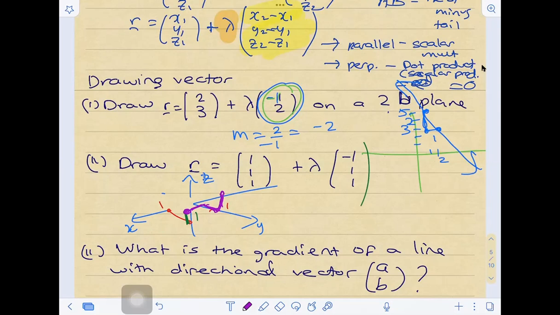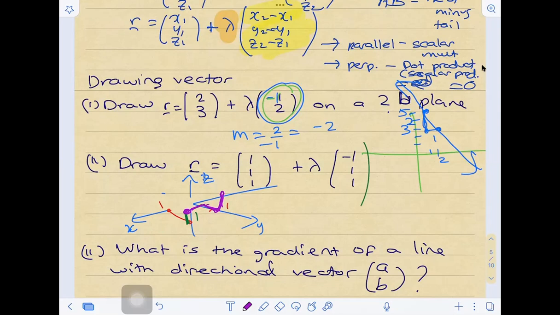Okay, determine whether the points are collinear. So you have to show that PQ equals a multiple of QR, because if you've got P to Q going in the same direction as Q to R, then they have to be on the same line.